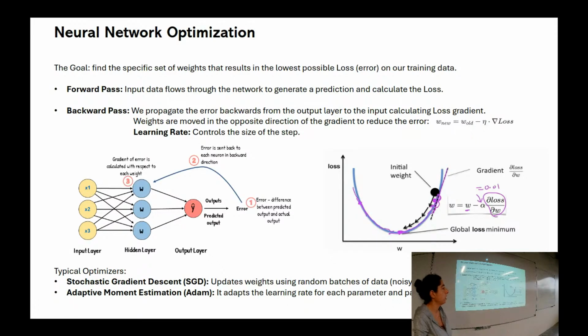So what you do is you simply take their old value and change it a bit in the direction of the gradient. So what you need to do this is to calculate the gradient of the loss. It's just the derivative of the loss with respect to your parameters.